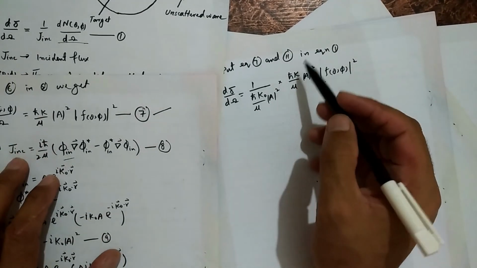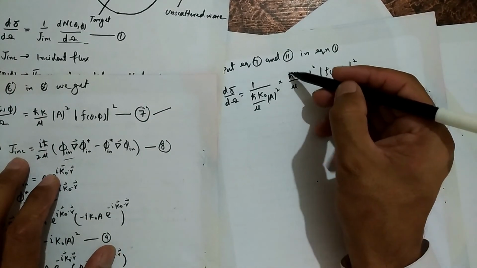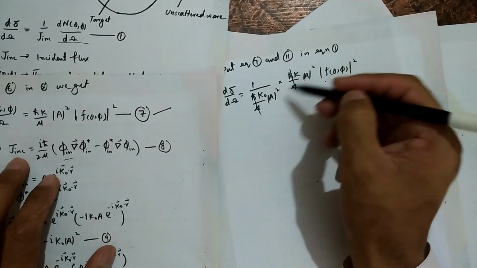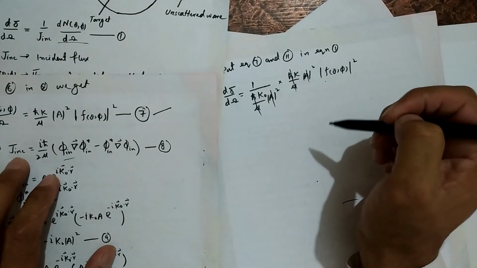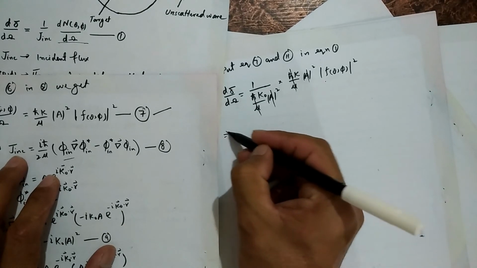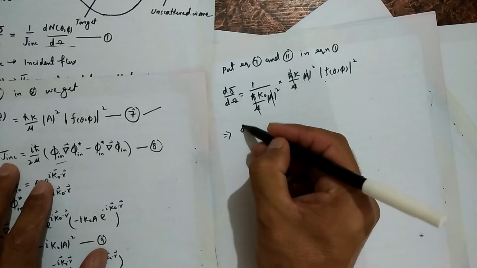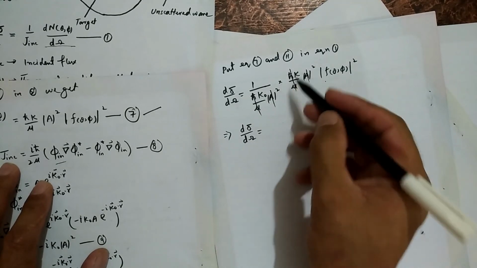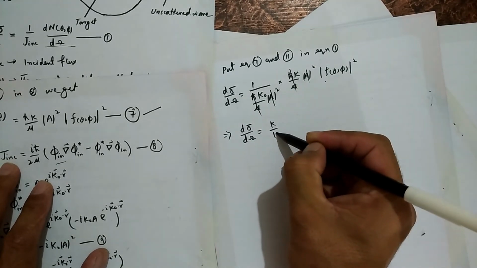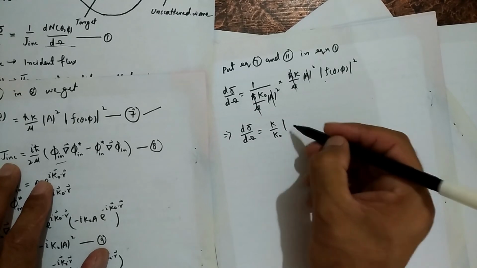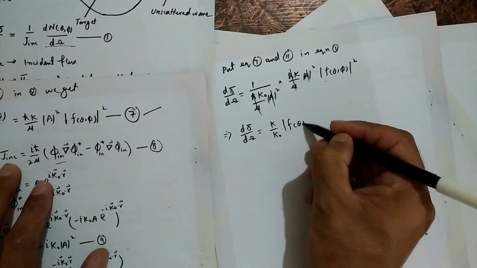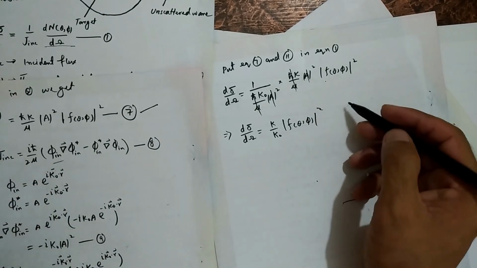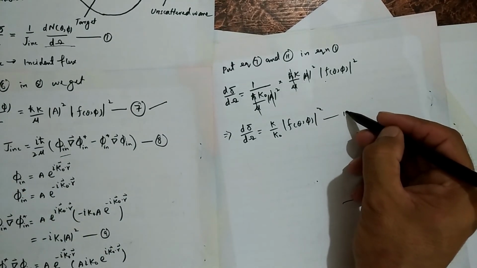So here this h cut over mu will be cancelled with this term, and similarly a square will be cancelled with this one. Therefore we have d sigma over d omega, which is k divided by k naught times mod f of theta phi square. This is equation number 12.